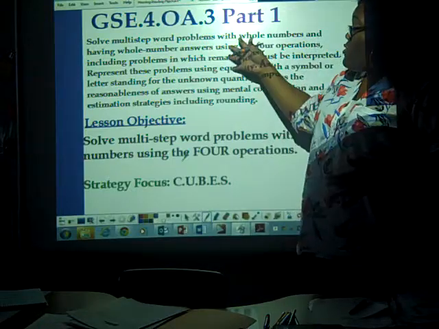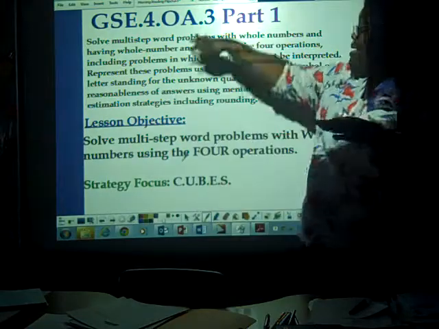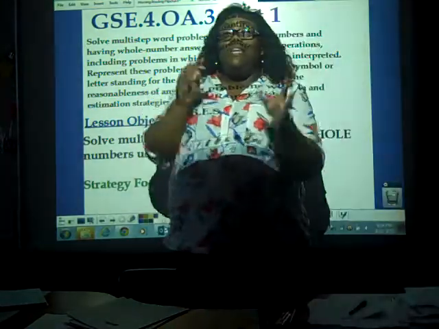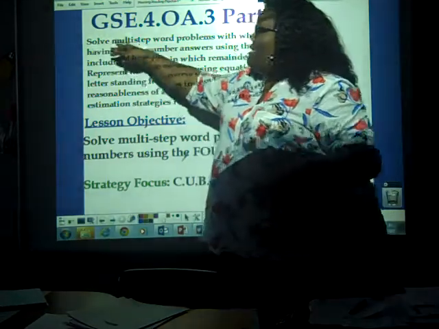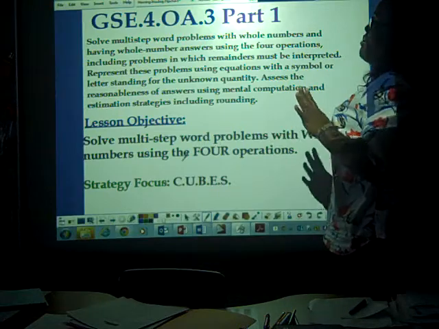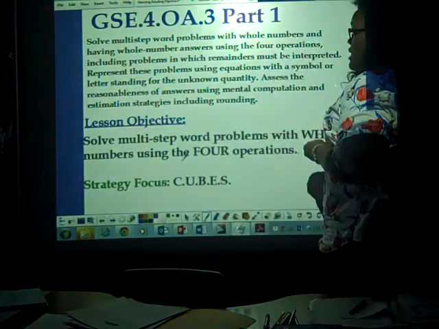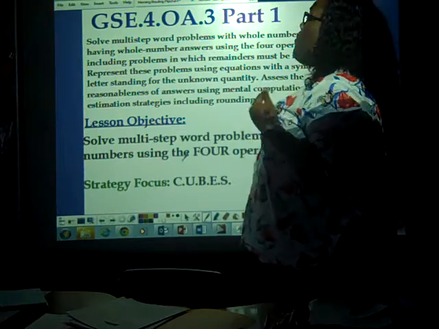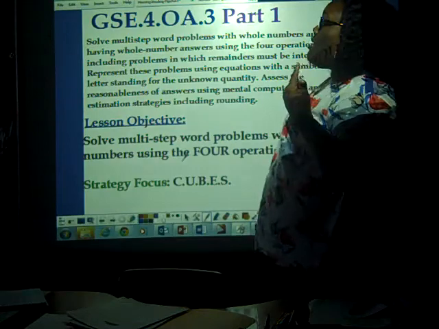So I'm going to read the standard with you. Remember, have out your journal and your pencil, and please do not copy this down because it is already on your unit plan. So this standard says you're going to solve multi-step word problems with whole numbers and having whole number answers using the 4 operations, including problems in which remainders must be interpreted.